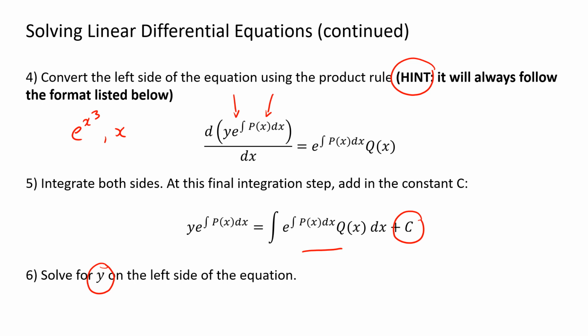Normally that's by dividing both sides by your integrating factor, and doing the same thing on this side. So this is just meant to help you if you're looking for a quick synopsis when you're studying to figure out what steps to take to solve these equations.